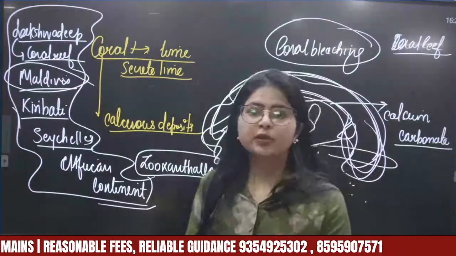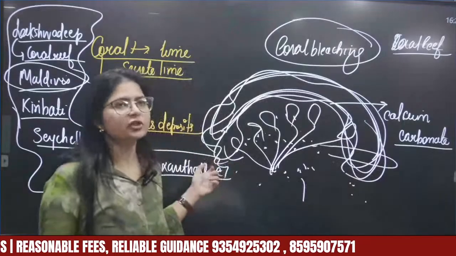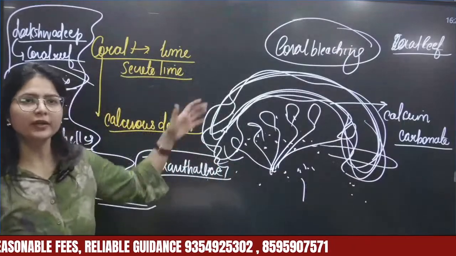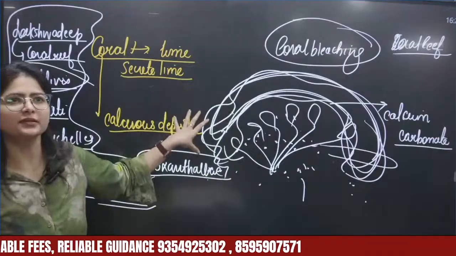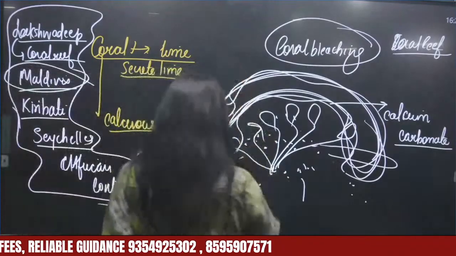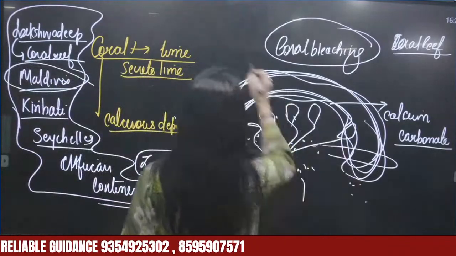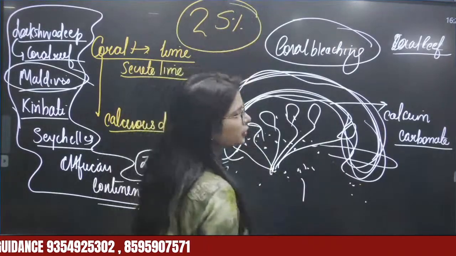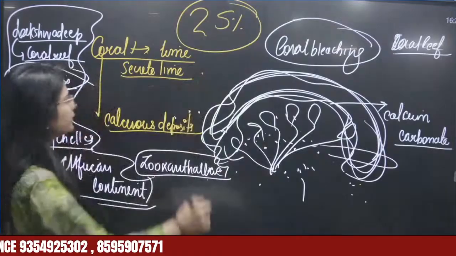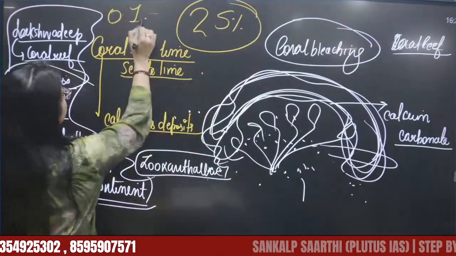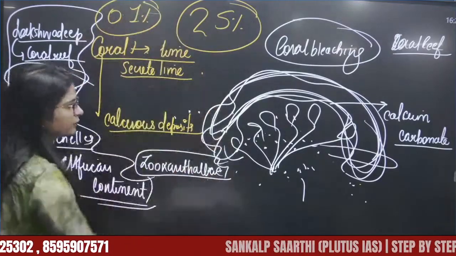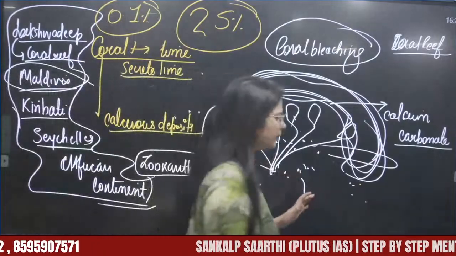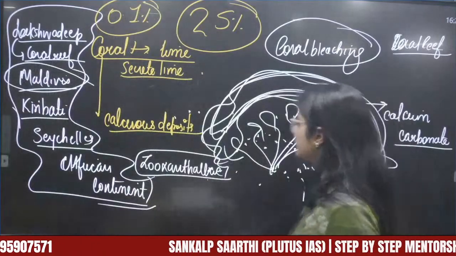Reason being, although they are forming 0.1%, पूरे ओशन का ये सिर्फ 0.1% दिखता है, but they are supporting 25% of the aquatic ecosystem, which is a huge number. 0.1 आपका क्या है? 0.1 ही कोरल रीफ है आपका पूरे वर्ल्ड में. परसेंटेज डिस्ट्रीब्यूशन की अगर बात करूं तो it is only 0.1%.